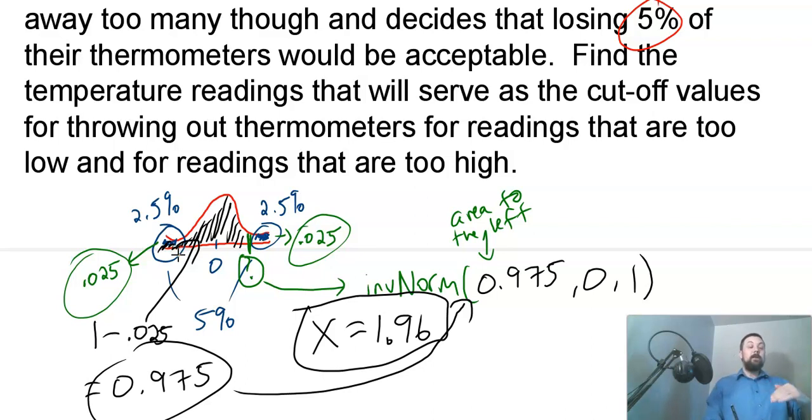But we also want a bound on the other end. And so I want to find this value here. What's the cutoff for being too low, right? This is the cutoff for being too high. So if it goes above that number, the thermometer is reading too high, it's not reliable enough, we have to throw it away. What's the cutoff value for being too low? Again, you have to do inverse norm.